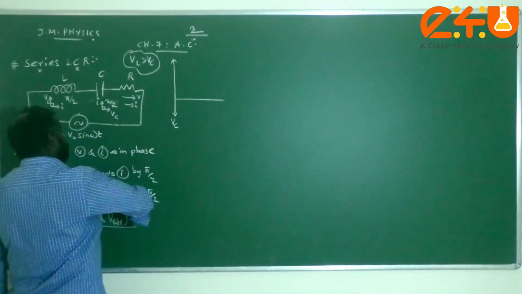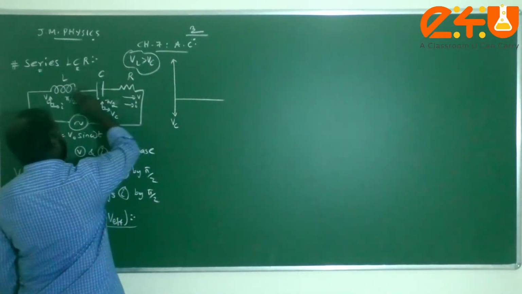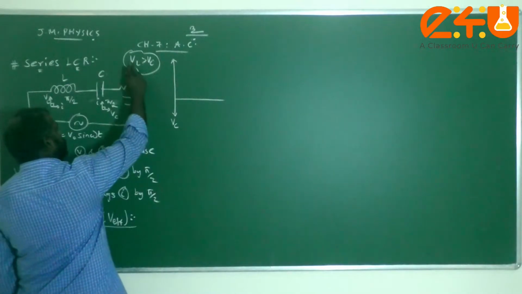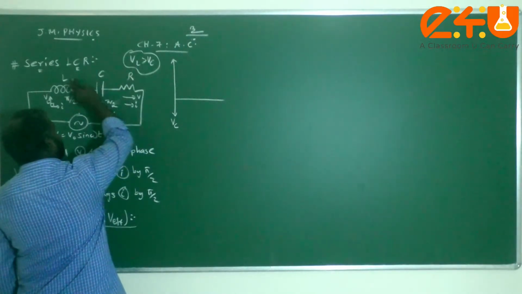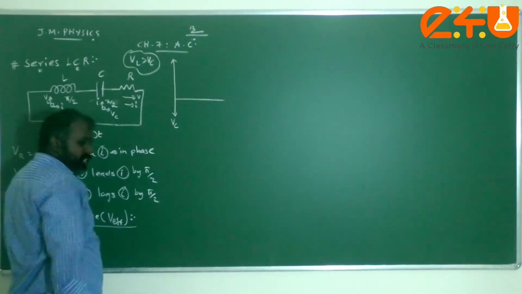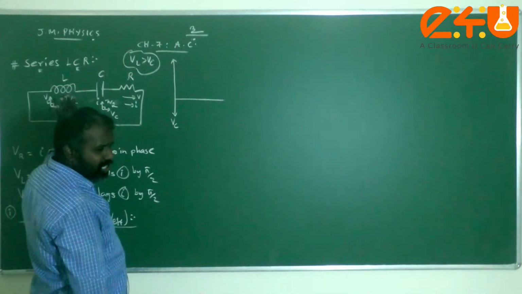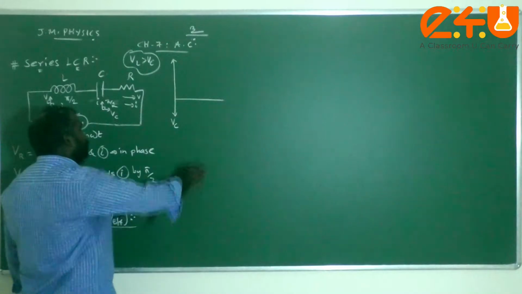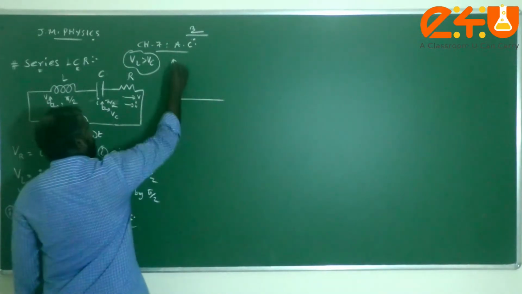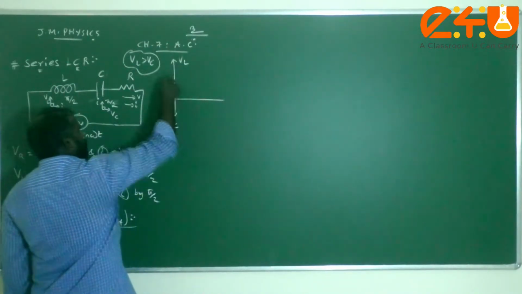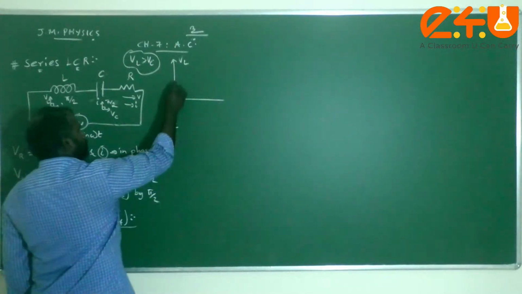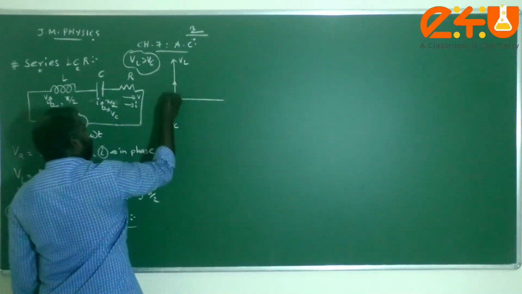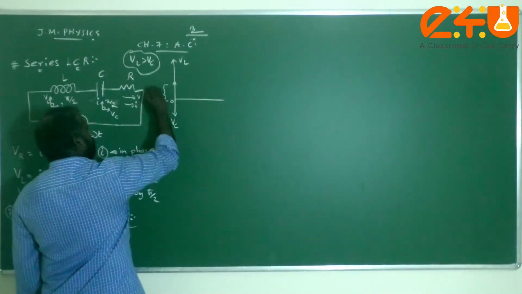Here I am assuming the inductor dominant case, that is, the voltage across the inductor is more than across the capacitor, or XL is greater than XC. By vector addition, whenever two vectors are in opposite directions, the resultant is found by subtraction. So let us consider this.